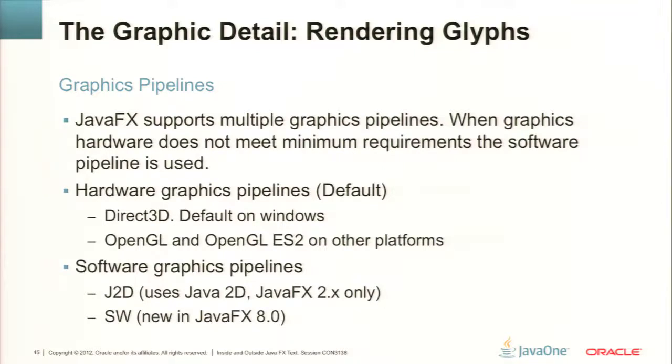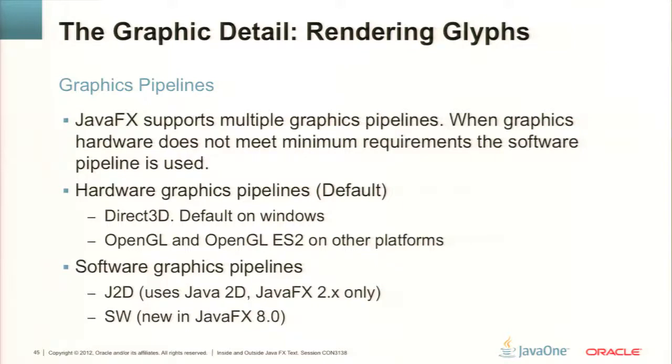So, more about graphics rendering. We have different pipelines that we support. We try to use the hardware pipeline. That's the default, which could be D3D or OpenGL, mostly D3D on Windows. Everywhere else, OpenGL, or ES2 for embedded.